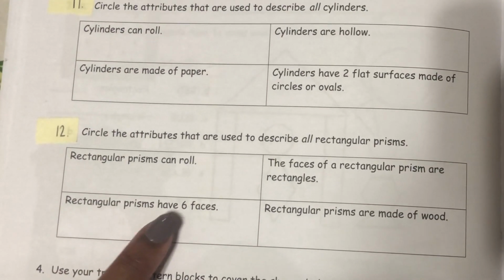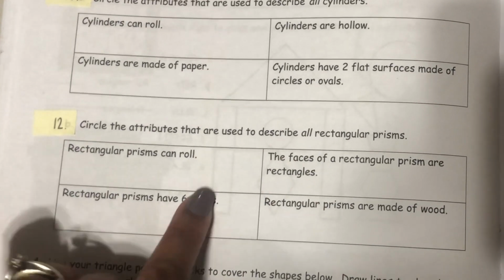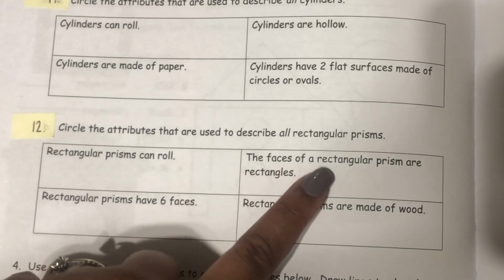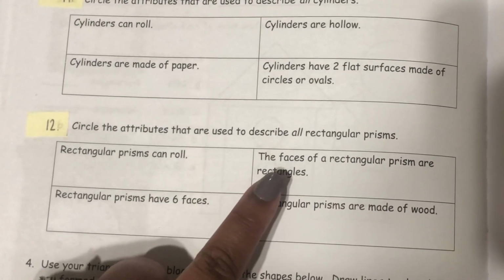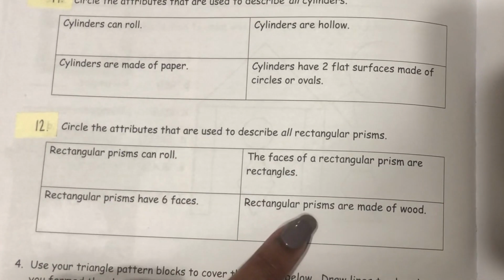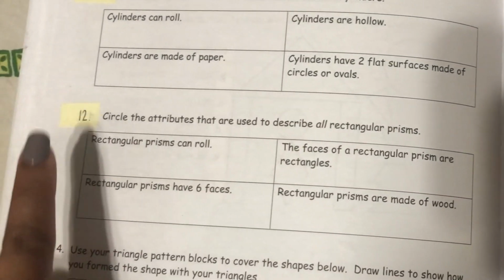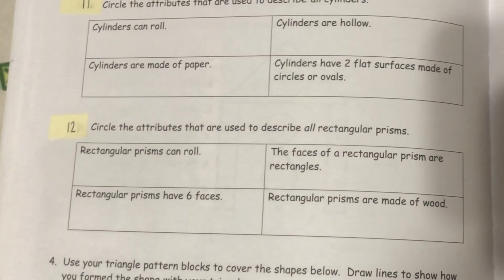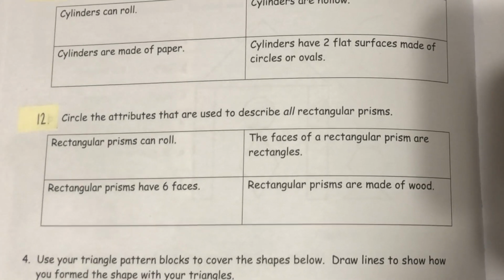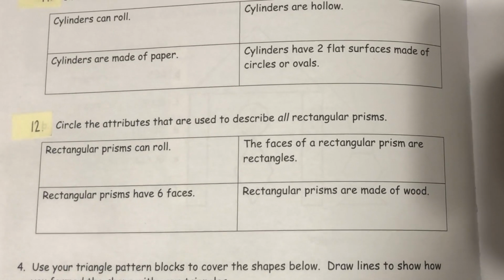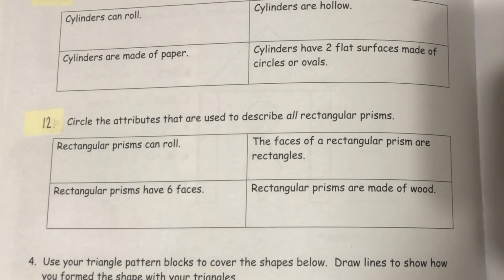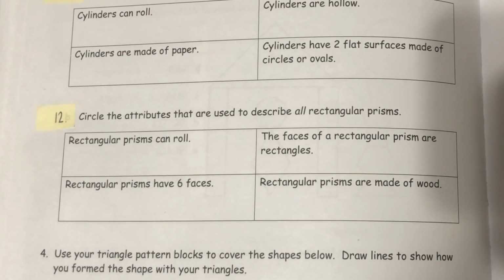Rectangular prisms have 6 faces. The faces of a rectangular prism are rectangles. Rectangular prisms are made of wood. What attributes are true about rectangular prisms? Please write them down next to number 12 in your composition book. You may pause this video to do so.